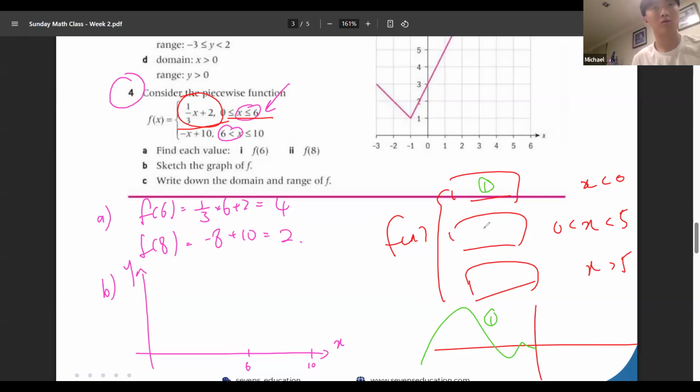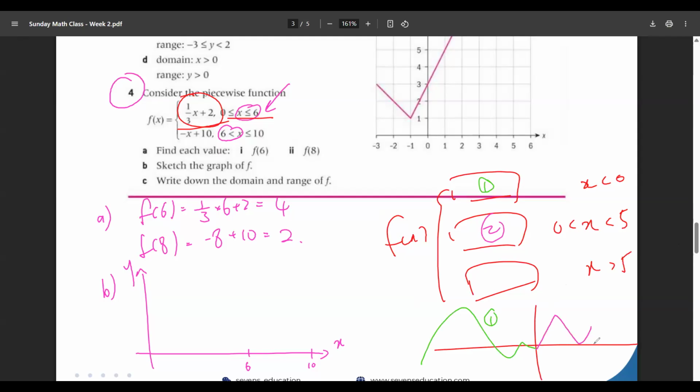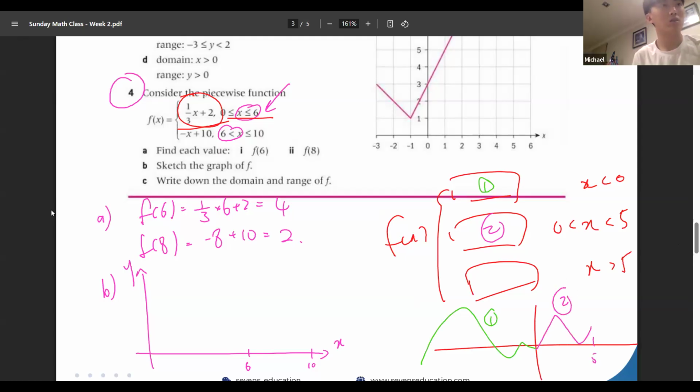And then you have your graph 2 from 0 to 5. This is your 5. And then you have your graph 3. So that's a piecewise function. It's pretty much three things put together. Does that make sense?